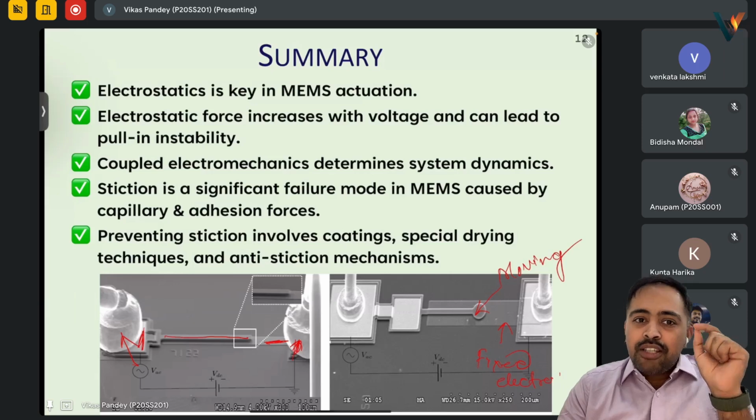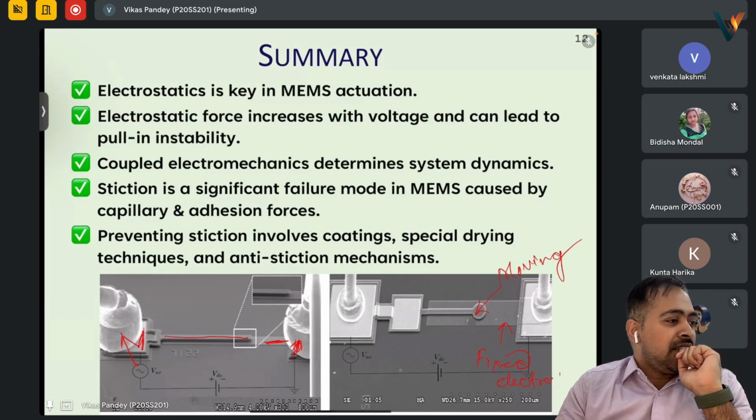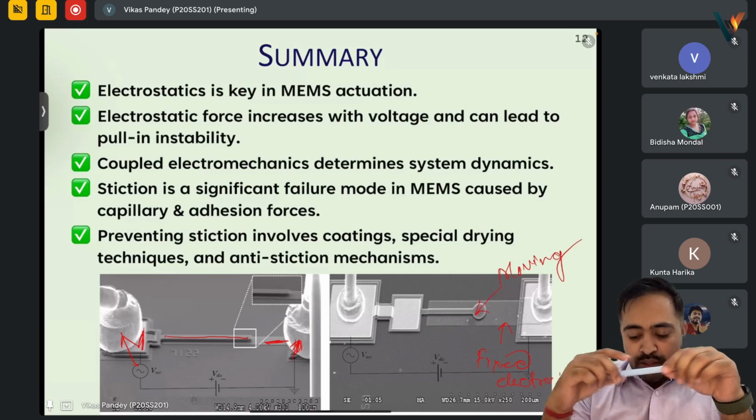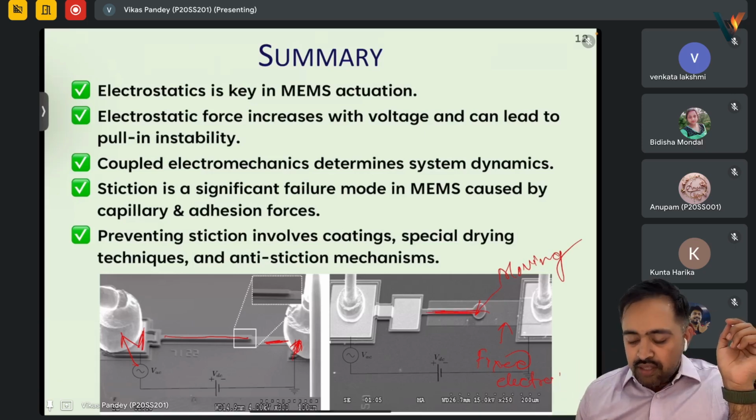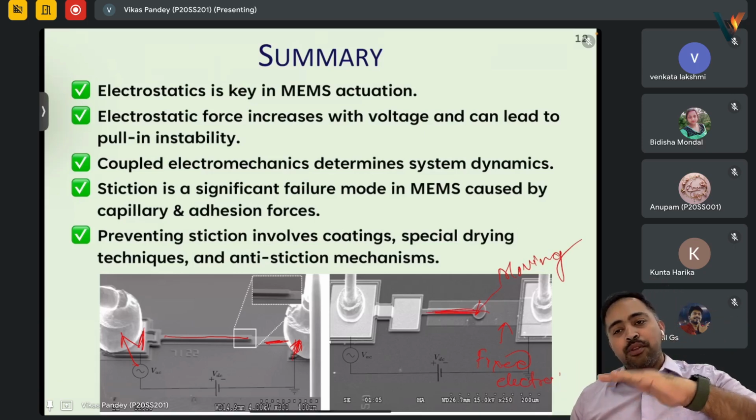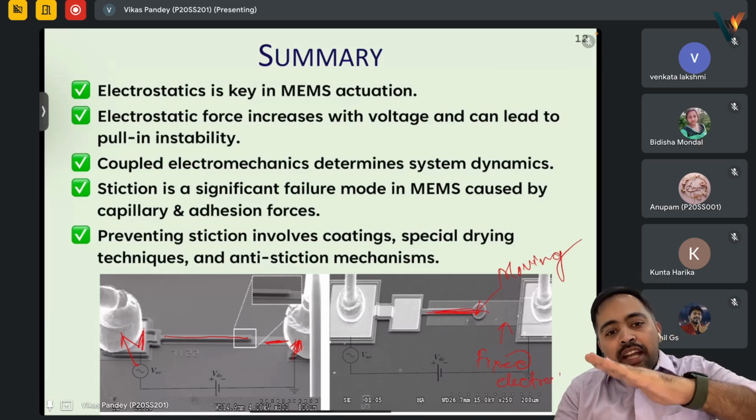It is not a spring in the actual sense. You see this structure is hanging in air. Why is it hanging in air?